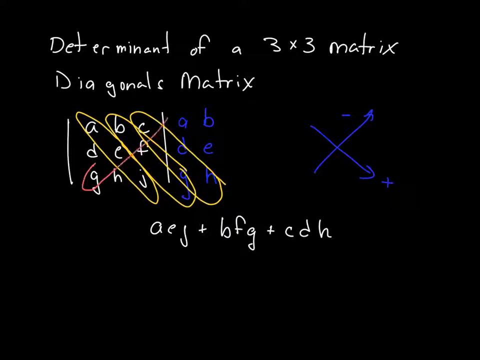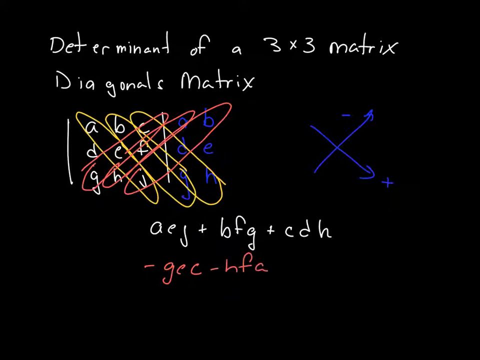I have G, E, and C. I have H, F, and A. And finally J, D, and B. So the ones I have to subtract would be G, E, and C, minus H, F, and A, and minus J, D, and B. Combining all of that will give us the determinant of that matrix.